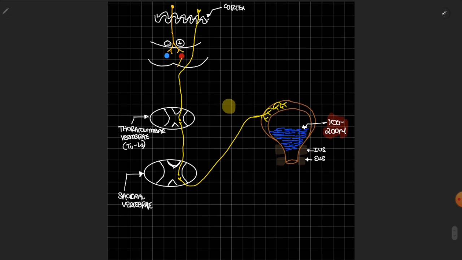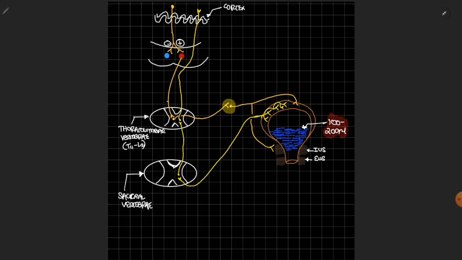Now efferents from the pontine micturition center will go to the inferior mesenteric ganglion, synapse via the thoracolumbar vertebrae, and the same story, it synapses here and goes to the bladder, and it goes to the internal urethral sphincter.